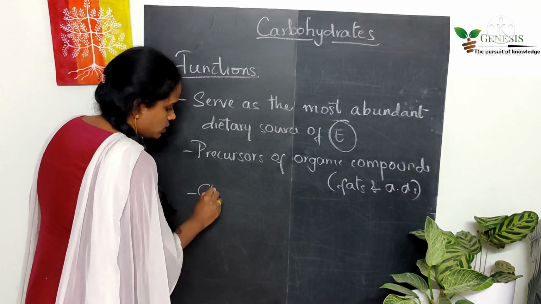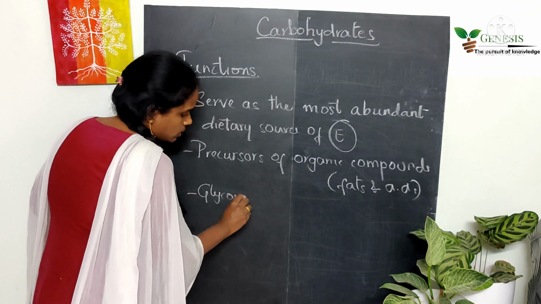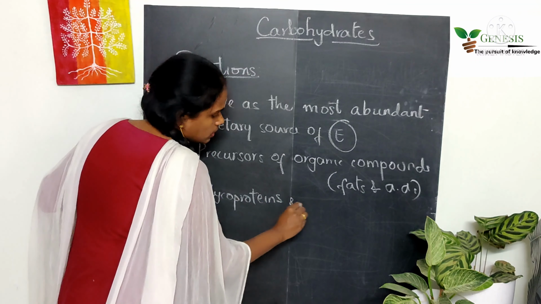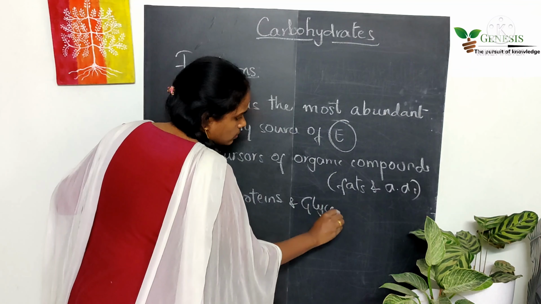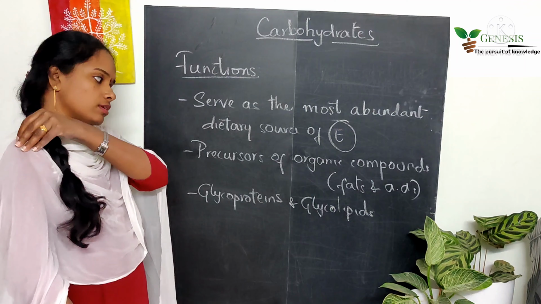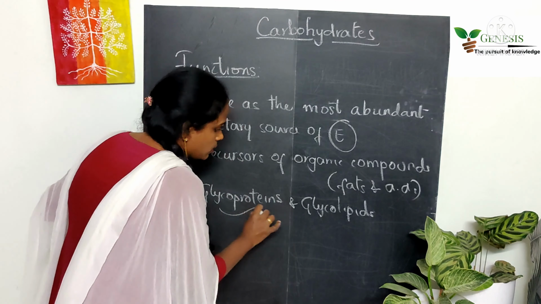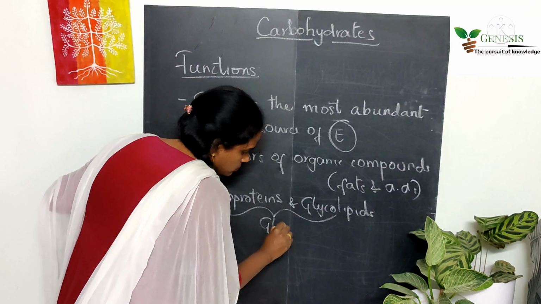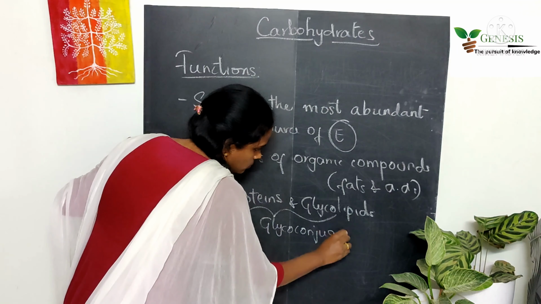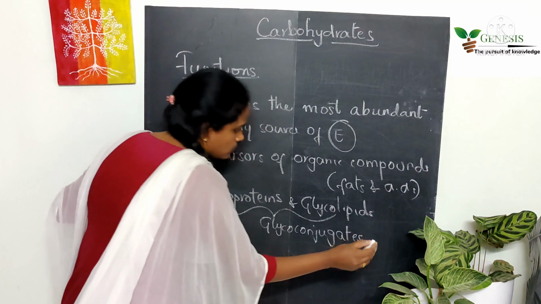And carbohydrates also occur as glycoproteins and glycolipids. We can also call them glycoconjugates.